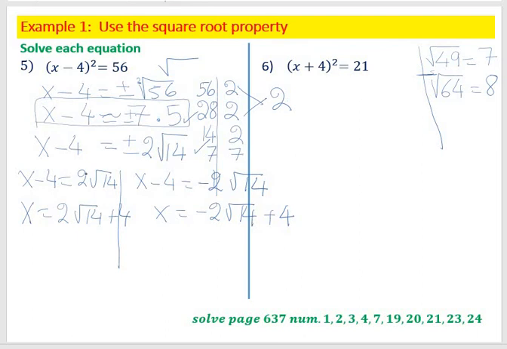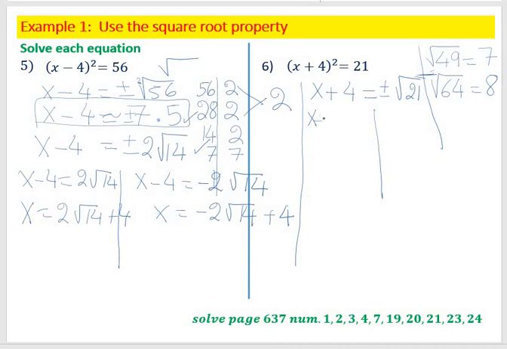If I use this, I can simply, instead of writing 2 root 14, write 7.5 and go on with my problem. We're going to use the same concept. We'll find the square root of both sides. It will leave me with x plus 4 equals positive or negative root 21. We will have 2 problems.